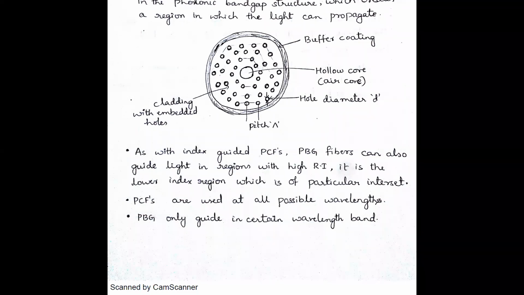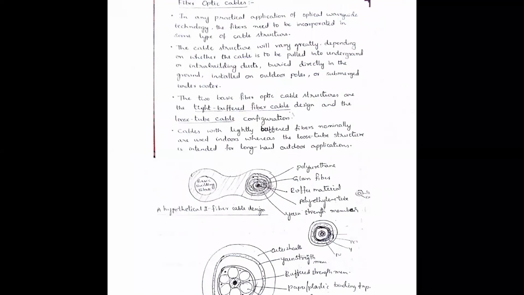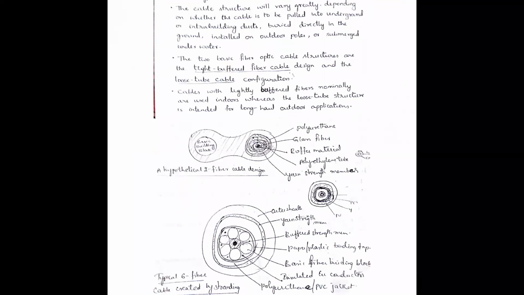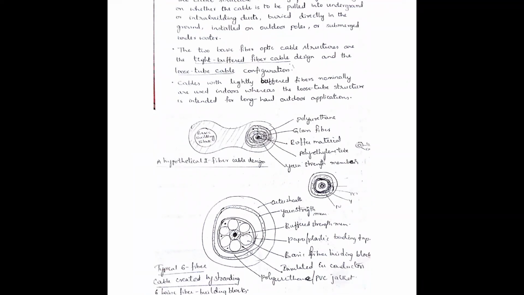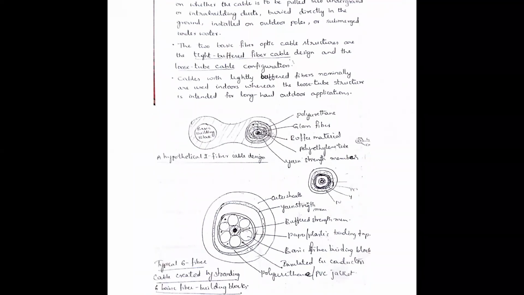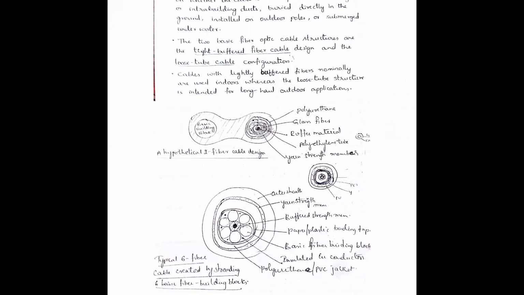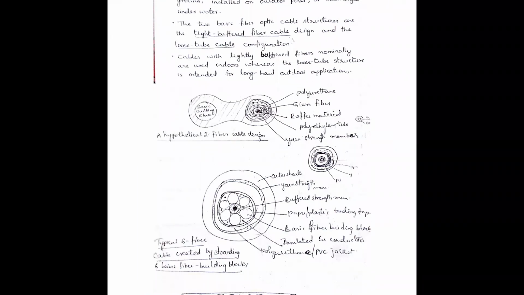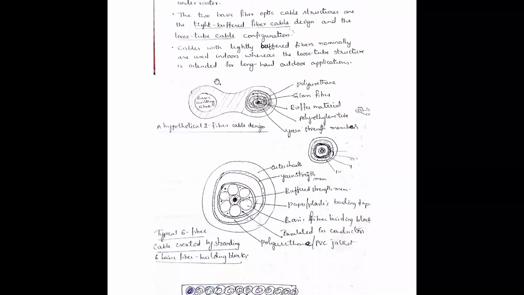So that's about photonic crystal fibers. I'll move on to fiber optic cables. This is a small topic with which we'll wind up the first module. This is the structure of how an optical fiber cable looks like. We have different structures of optical cables.